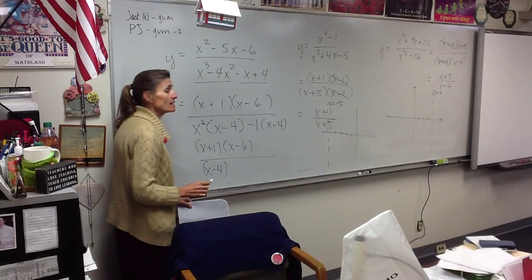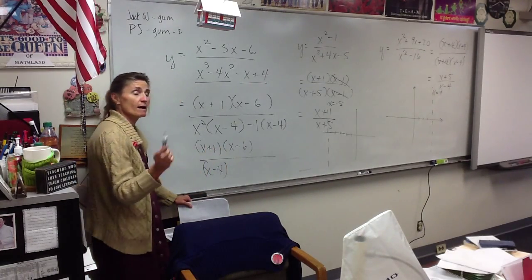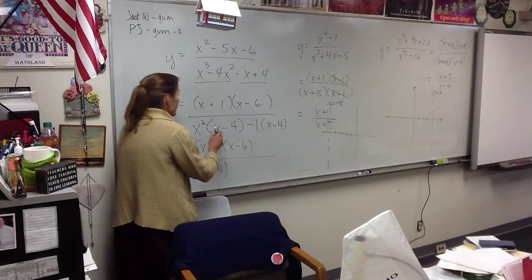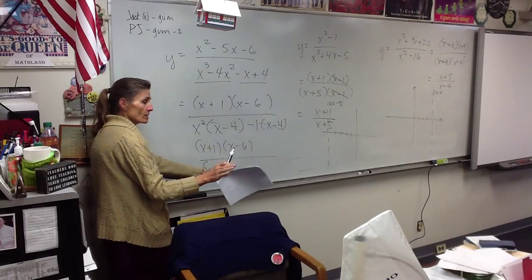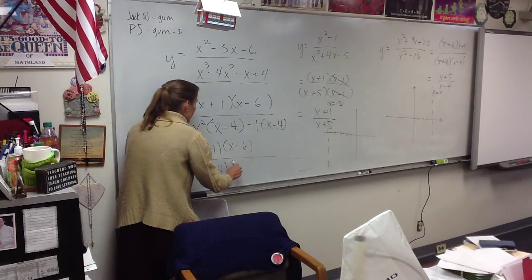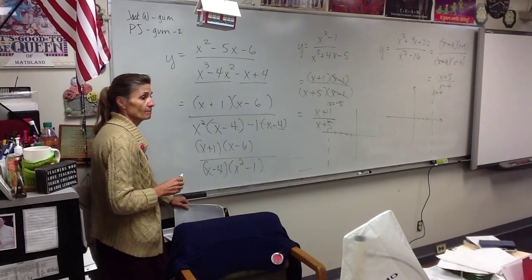And no matter how many times I've said it, some of you are still trying to square it or write it twice. Whatever matches, write it down. Period. Then whatever's left, put it in another parentheses.